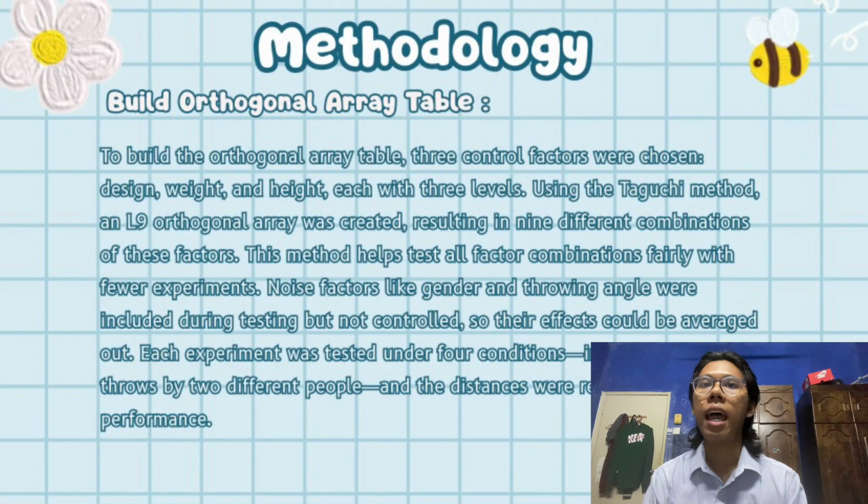This method helps test all factor combinations fairly with fewer experiments. Noise factors like gender and throwing angle were included during testing but not controlled, so their effects could be averaged out. Each experiment was tested under 4 conditions: indoor and outdoor, and thrown by 2 different people, and the distances were recorded to compare performance.